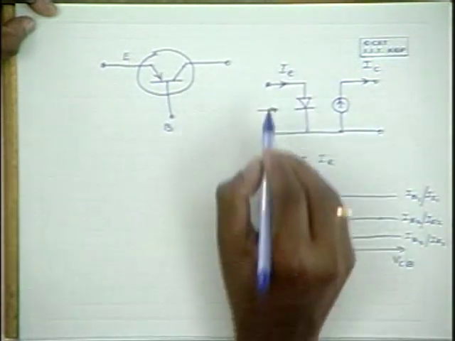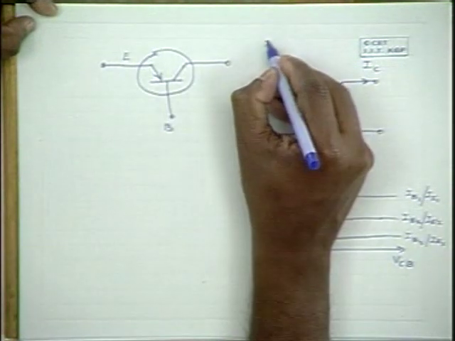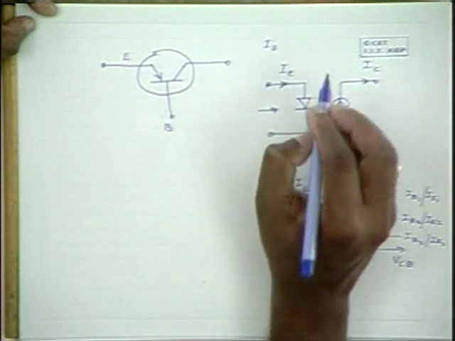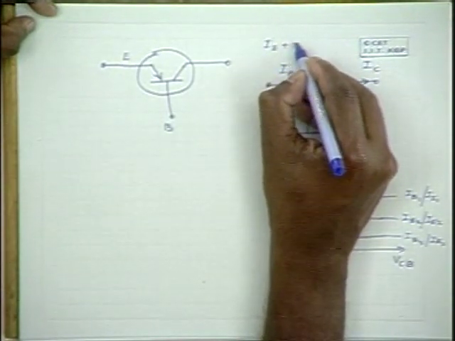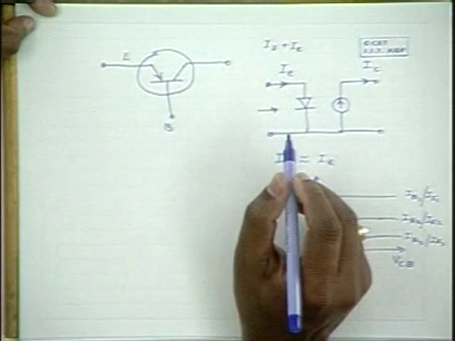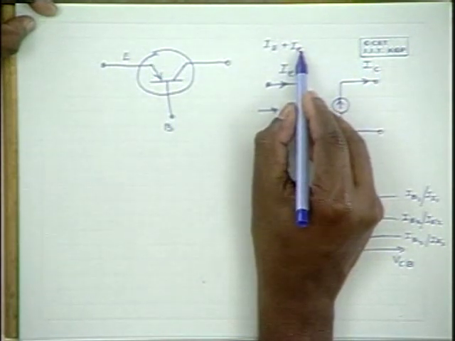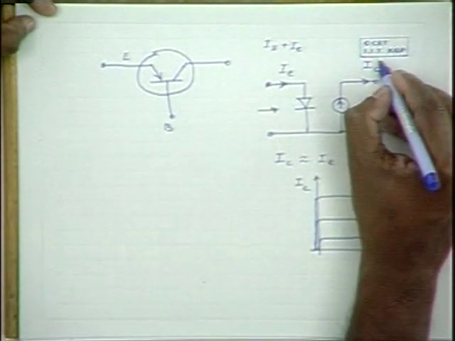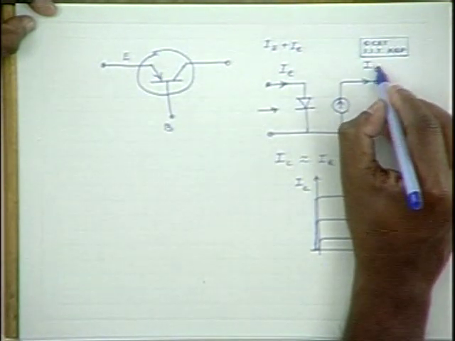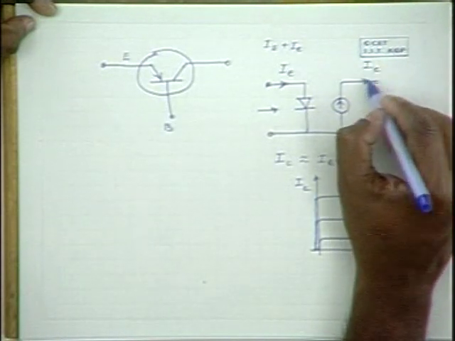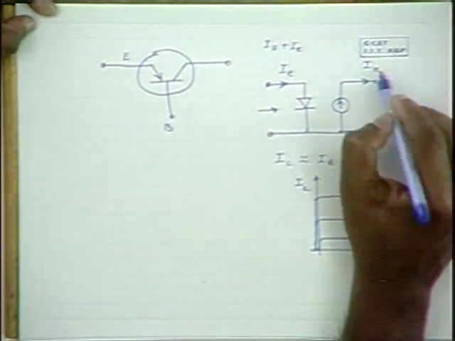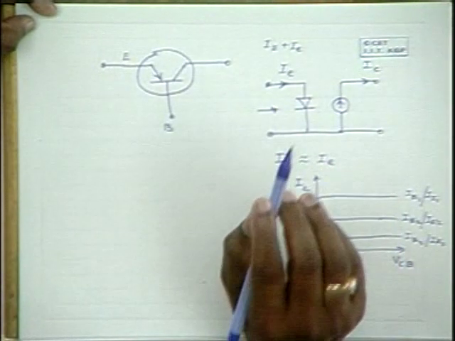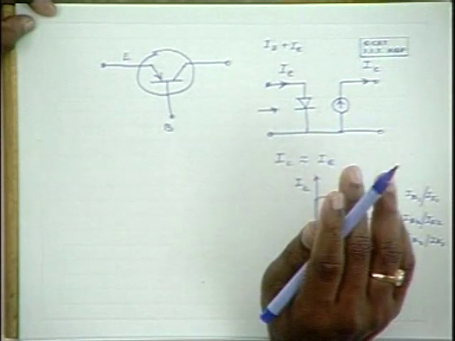As we have seen earlier, the emitter current here has a DC component, that is the quiescent point value, the biased quantity, plus the alternating component. The small letter here indicates the alternating component, and the capital letter indicates the biased component. Similarly, the collector current here is the biased current plus the alternating current. And when we talk about the small signal analysis, we are not interested in the biasing.